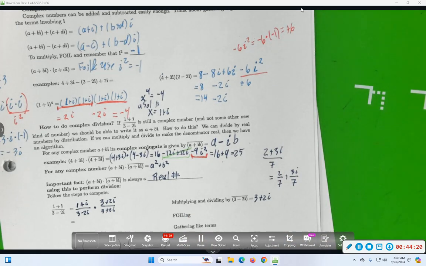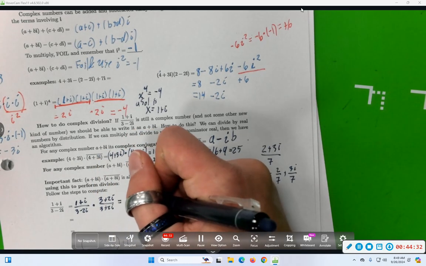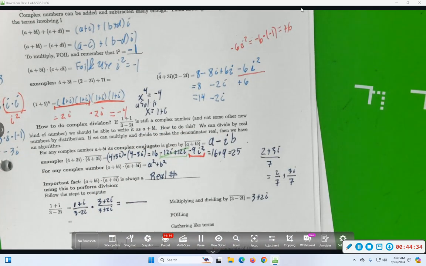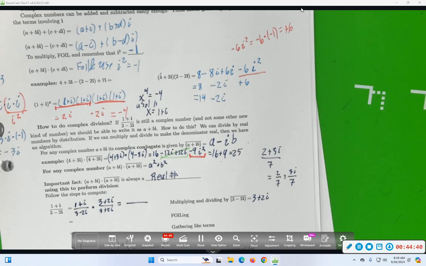Feel good right now? And if you want to walk it out, you just got to walk it out. There's nothing hard at this point. It's just doing complex multiplication. In fact, without doing anything at all, you already know what the denominator is. What should (3 + 2i) times (3 − 2i) be? Well then let's do it.